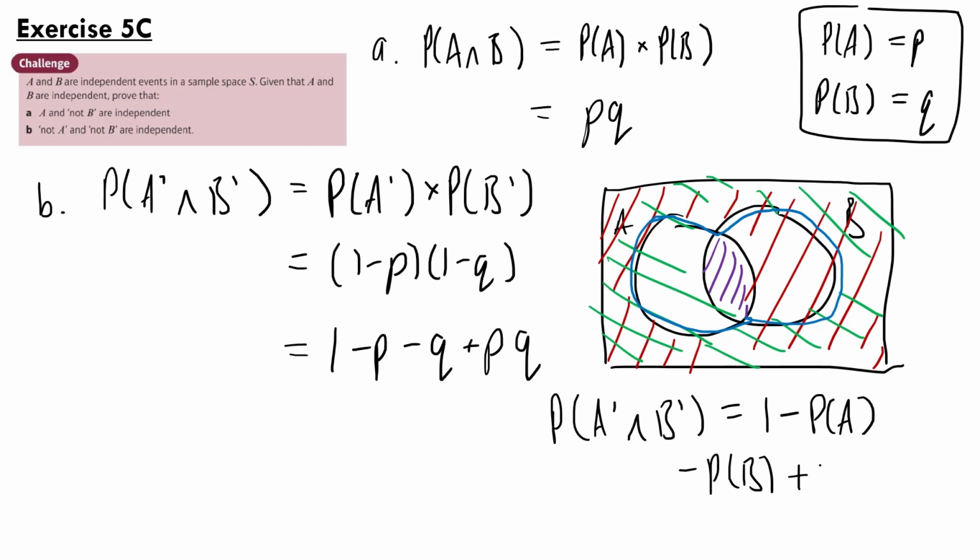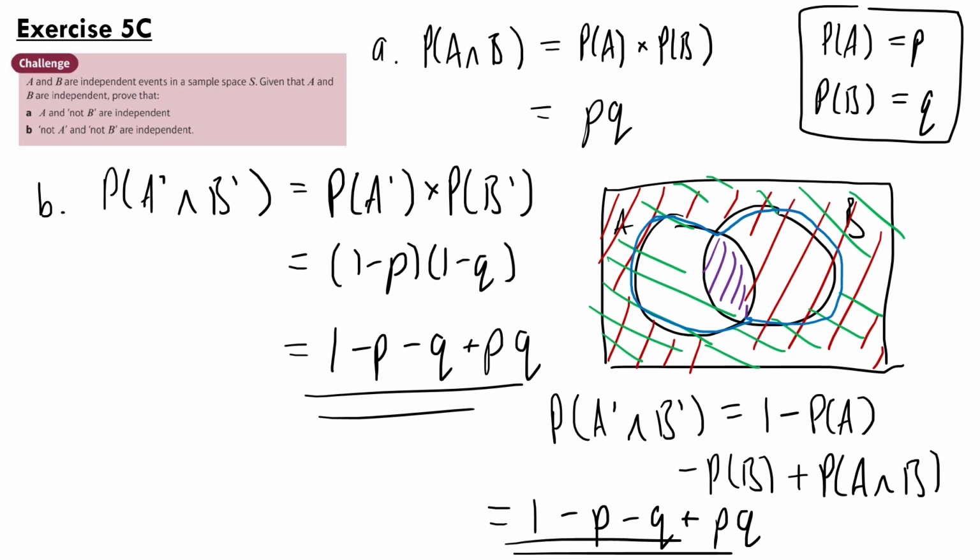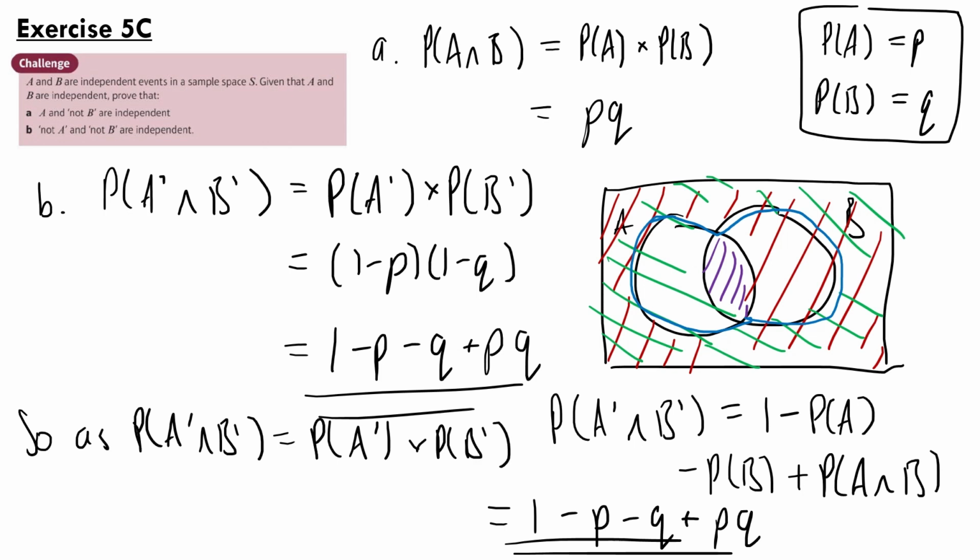So plus the probability of A intersection B. And this is equal to 1 minus P minus Q plus PQ as required. So as the probability of not A intersection not B is equal to the probability of not A times the probability of not B, they are independent.